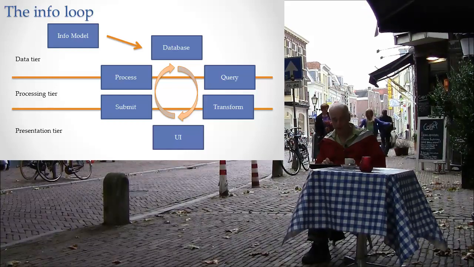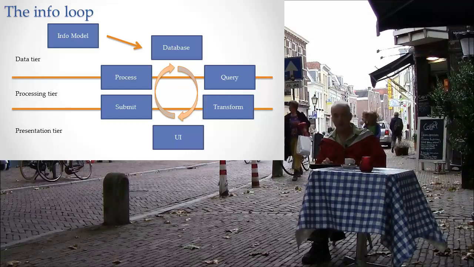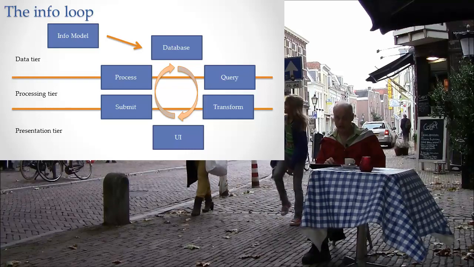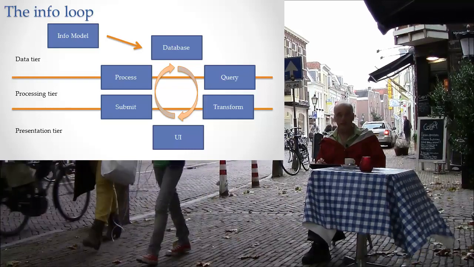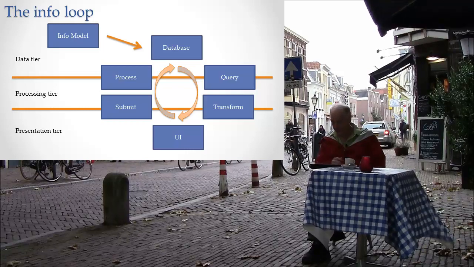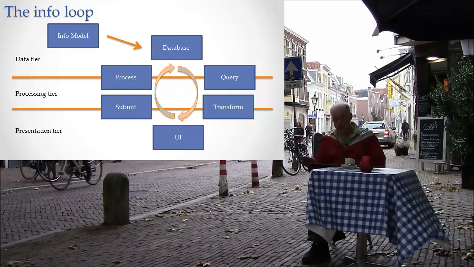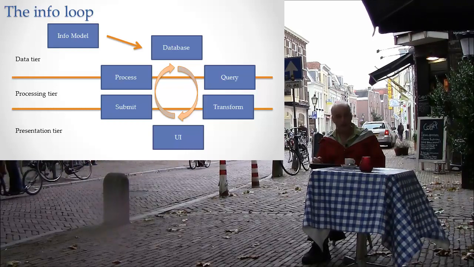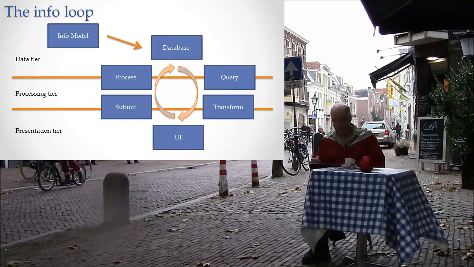Before moving off this slide, let me talk a little bit about the relation of the cycle to the tiers. Notice that each of the tiers transects, or goes right through the middle of, one of the cycle pieces. So, for example, transformation can happen a little bit on the processing tier, a little bit on the presentation tier. For different systems, it happens in different ways.